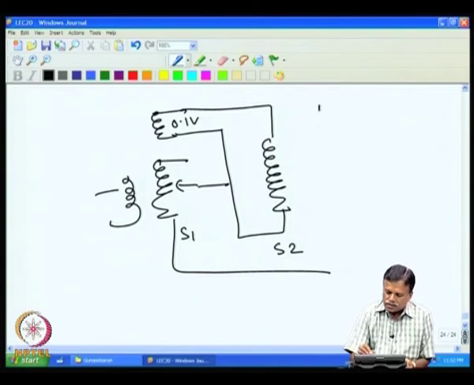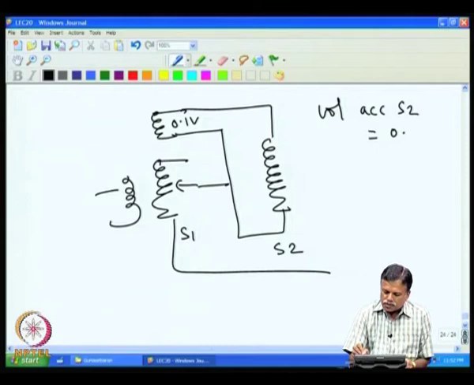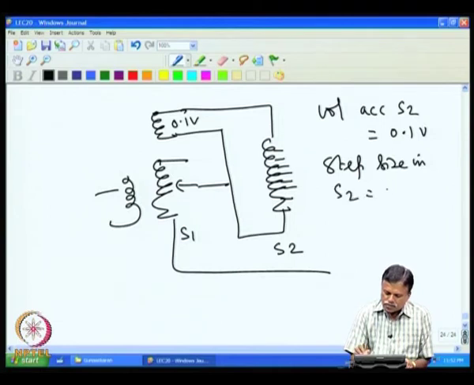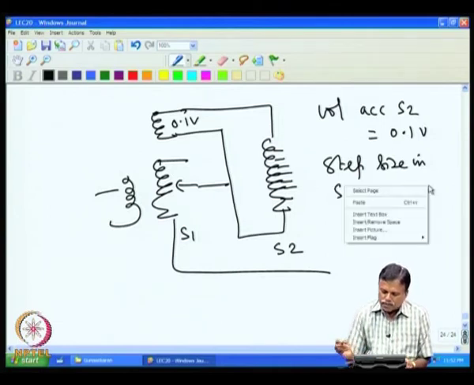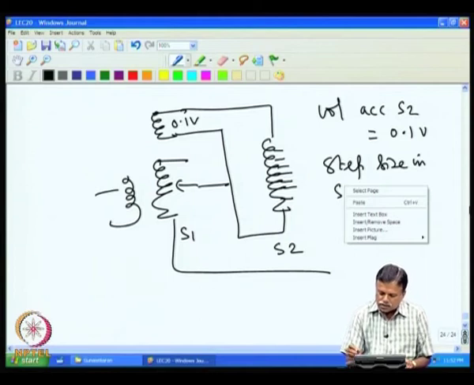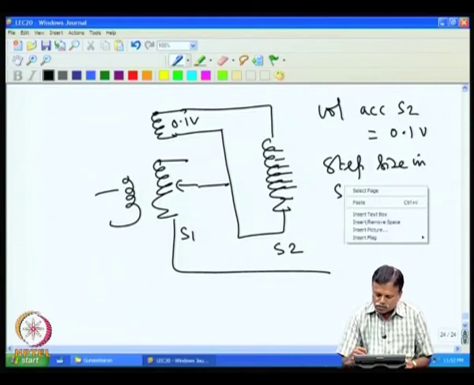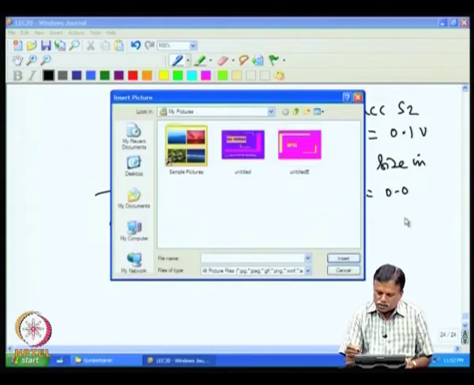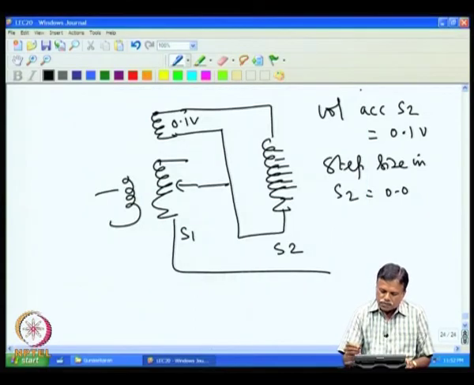So, voltage across S2 is 0.1 volt. There are 10 turns here, so step size in S2 is 0.01 volt.